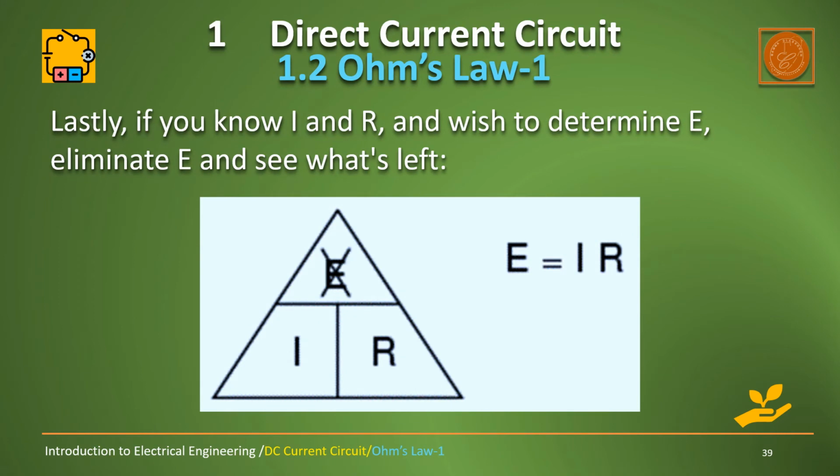Lastly, if you know I and R and wish to determine E, just eliminate E and see what's left. After you take the E off, you are left with I and R. I and R are side by side. So E is equal to I times R.